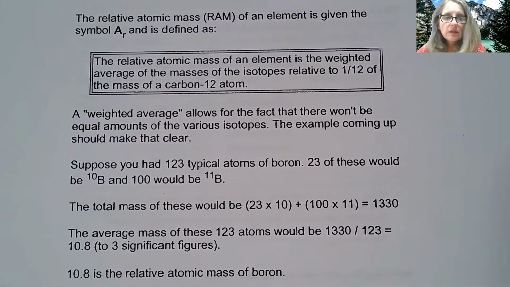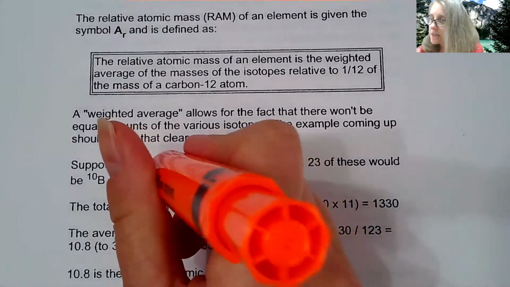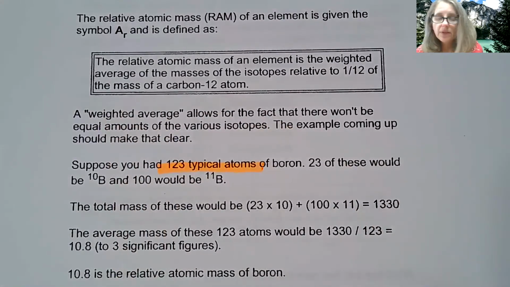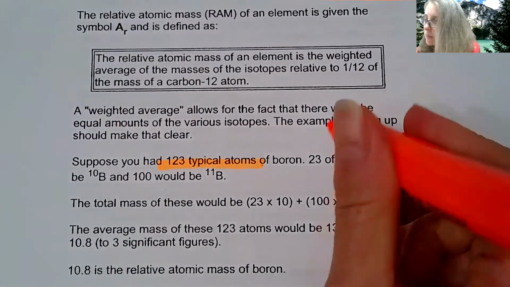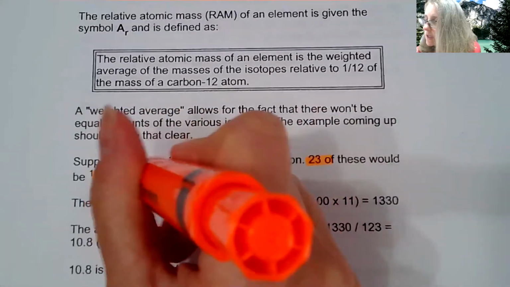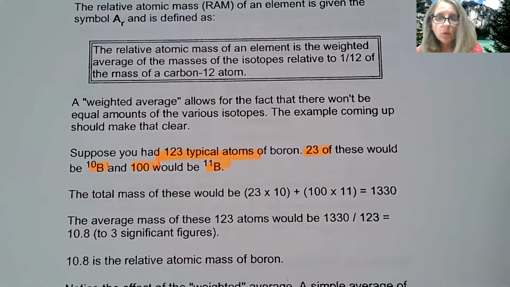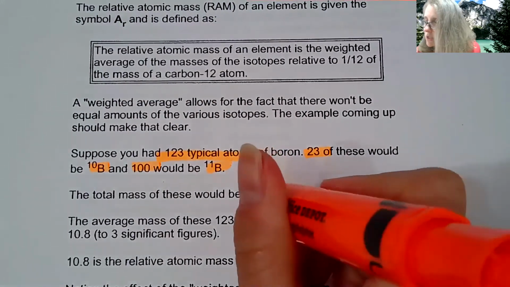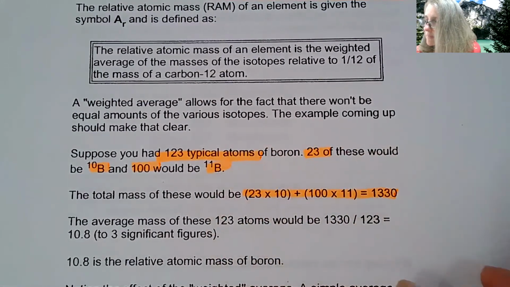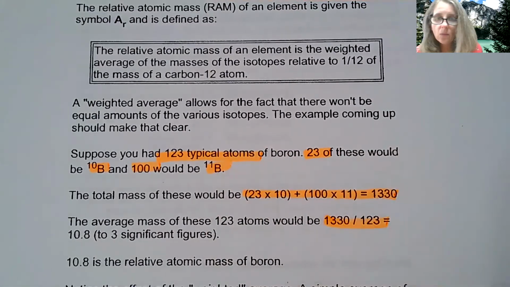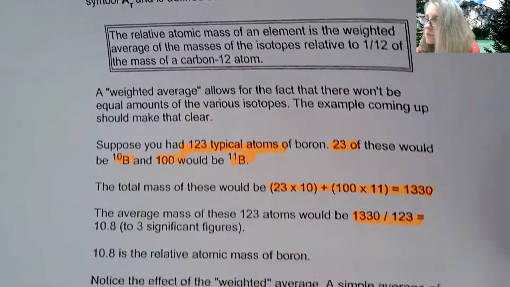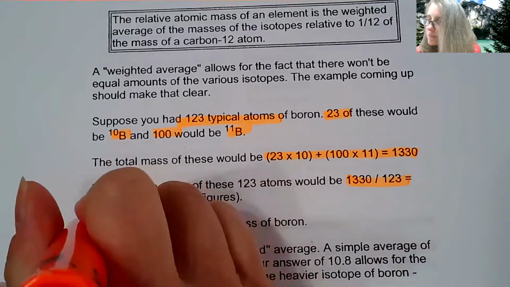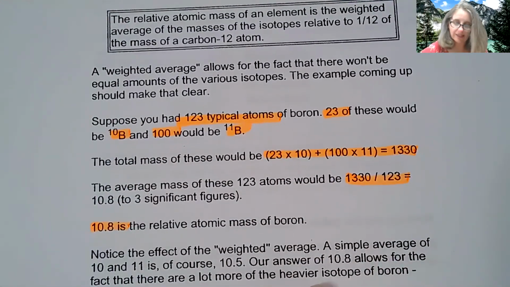The instrument takes the total, so let's say we total up the 23 and the 100. 23 of them would be boron-10, and 100 would be boron-11. What you would do is a weighted average. You would calculate the mass and then divide it by the 123. That is where you get the atomic mass of boron being around 10.8.